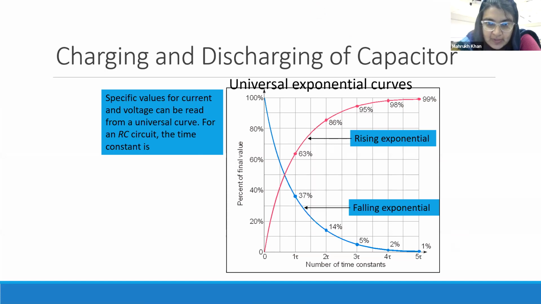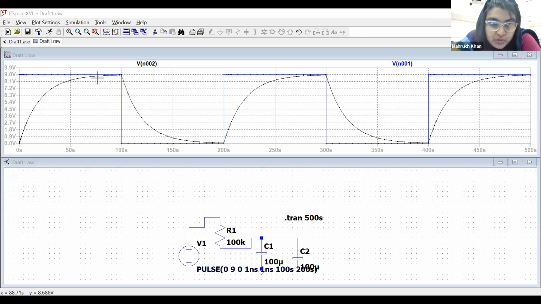So that's what we were saying, that it should reach 63% of its input voltage here. That's what you were saying as 5.67. So it should be somewhere here, okay? Then what is 5 tau?